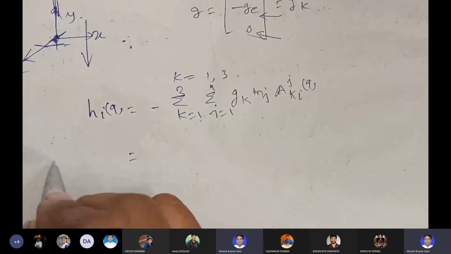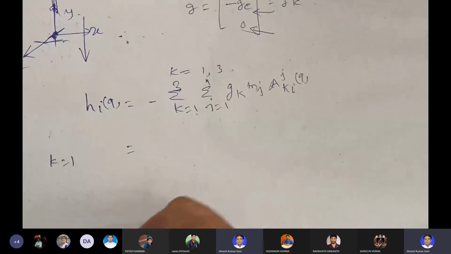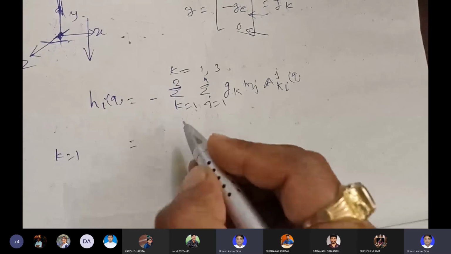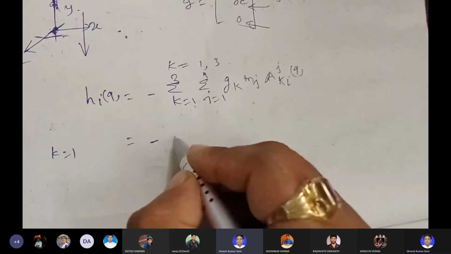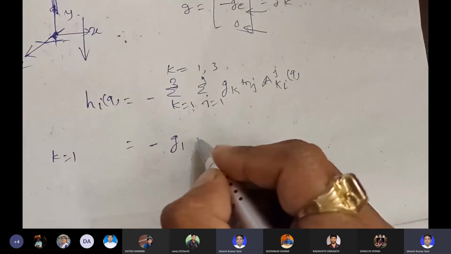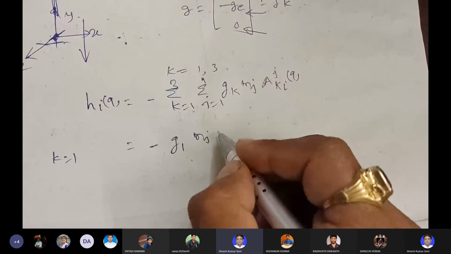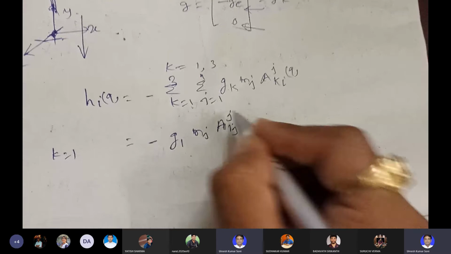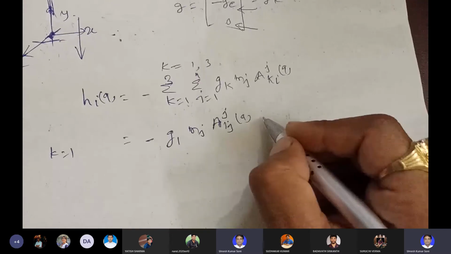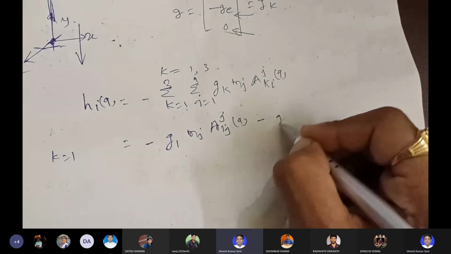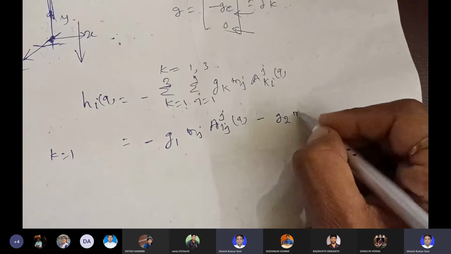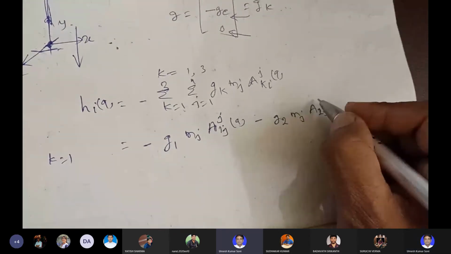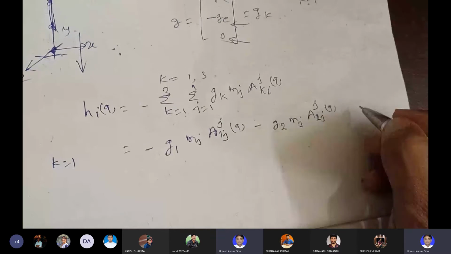Now here you see, you put k equal to 1, k equal to 2, and k equal to 3. Then what are the equations here? Minus g1 mj a1ij q. Okay, minus g2 mj a2ij q.